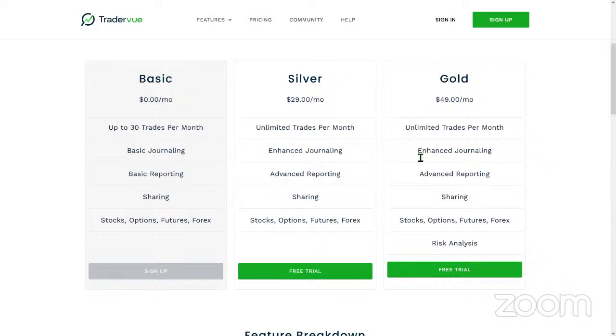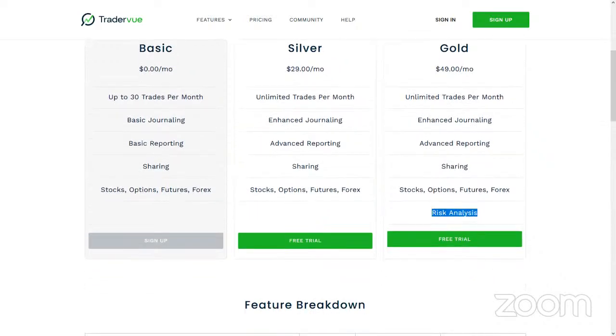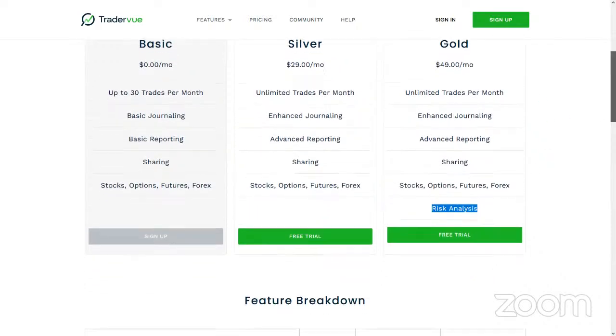To be completely honest, because of that, all of our professional traders use gold. Even proprietary trading firms, when they want to become our clients, all those traders have gold. So if you want to get deeper into what we have to offer when it comes to advanced reports specifically, then gold is the way to go. And also because you have risk analysis, which is included in the advanced report.